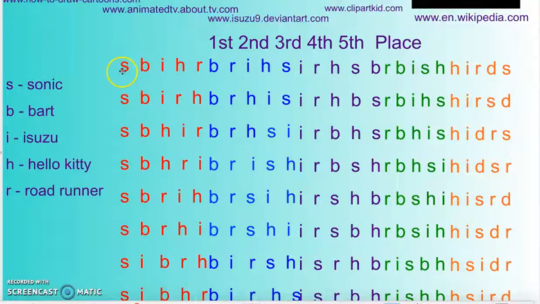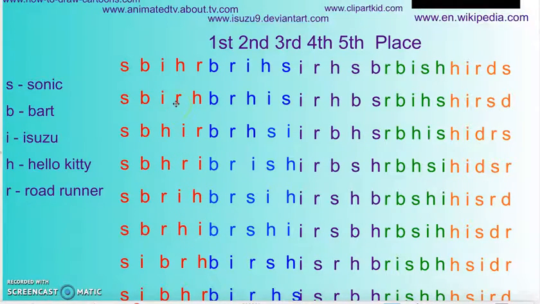Do you notice I put Sonic first, Bart second, Isuzu third, H is Hello Kitty, and then R is Roadrunner. Sonic and Bart I kept the same, and I started rearranging all the other letters as many different ways as I could get.